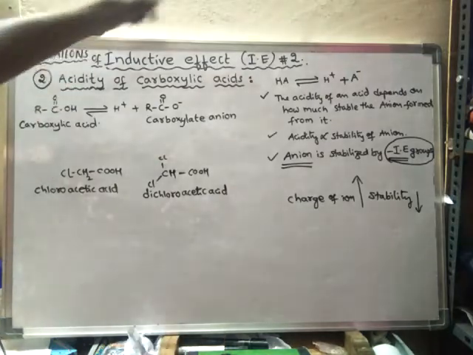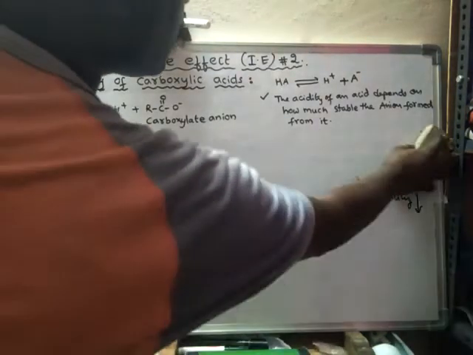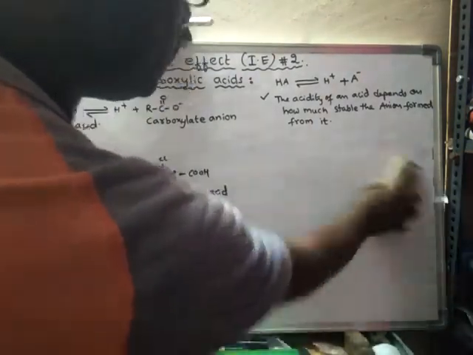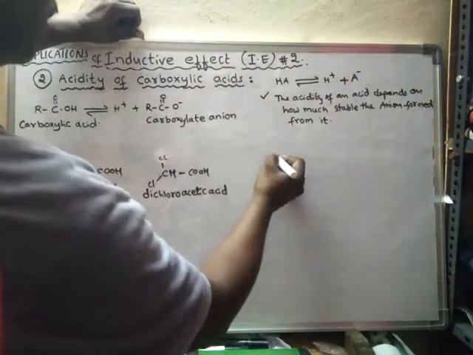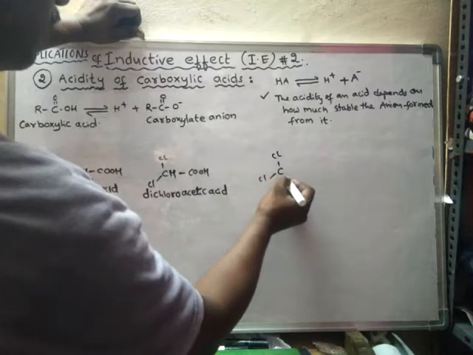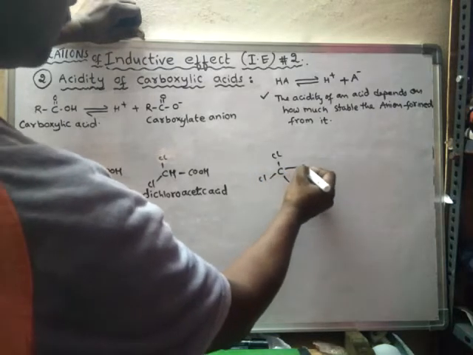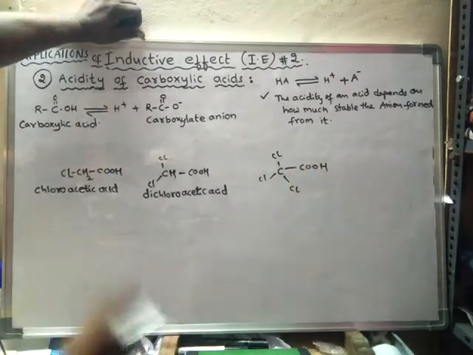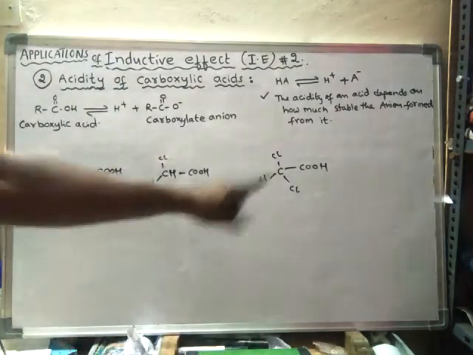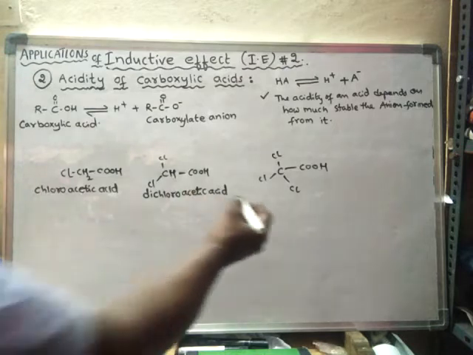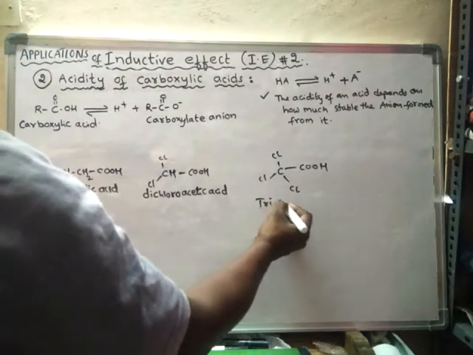Suppose three hydrogens are replaced, that means it has three chlorine groups. So this is trichloroacetic acid.